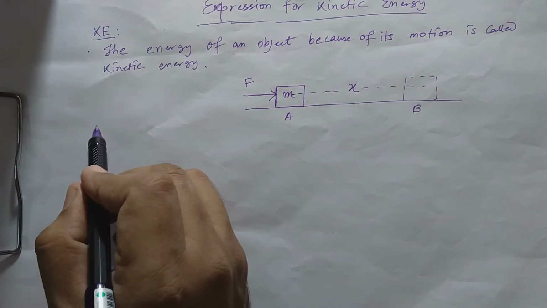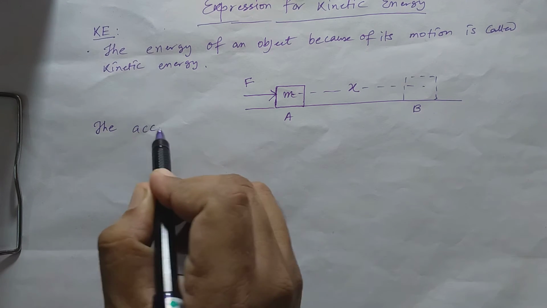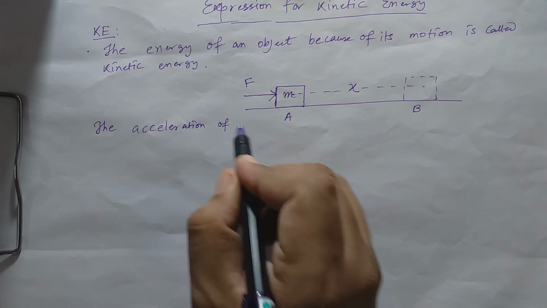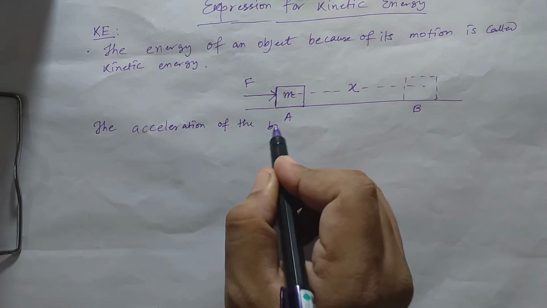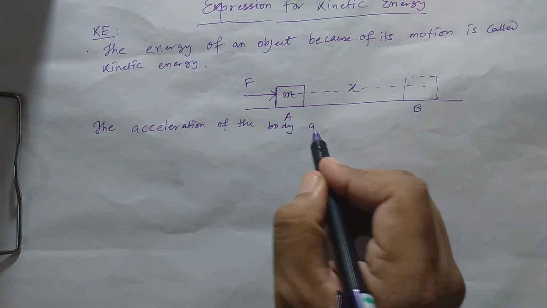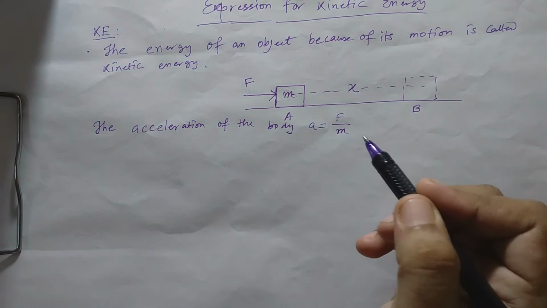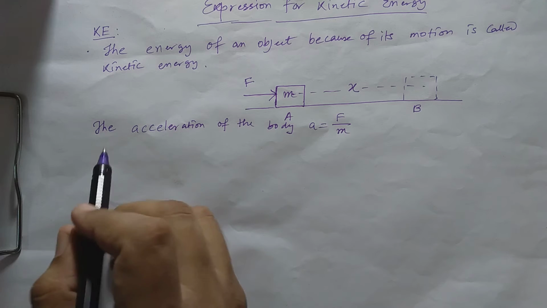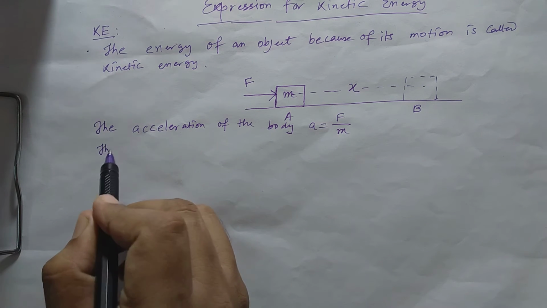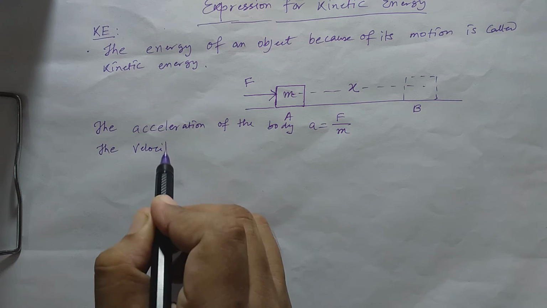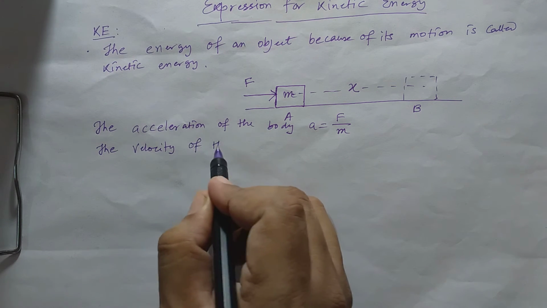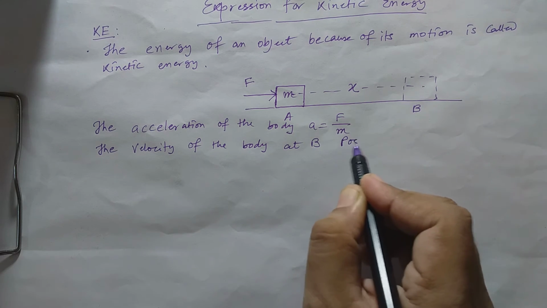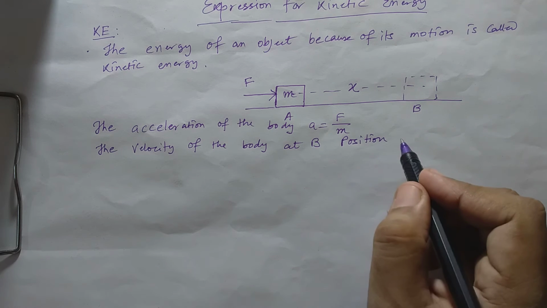So the acceleration of the body is a = F/m. Now for the velocity of the body at position B, which formula will we use?